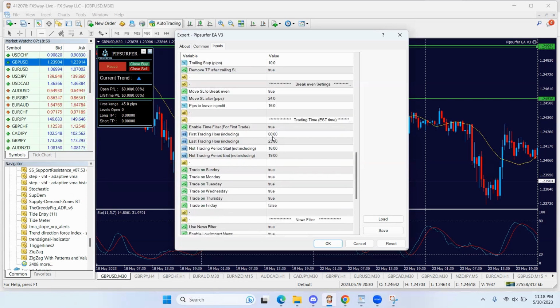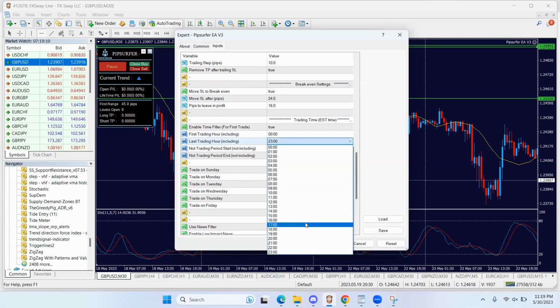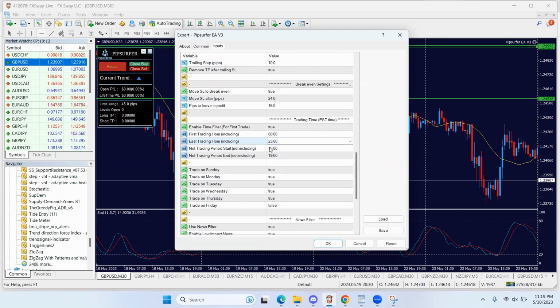Trading times is going to basically limit when trading is happening. So this would be all day for trading. And then for not trading, you have the option to do a trading block. Right now, this is based off of military time, so the trading block would be Eastern time as well.